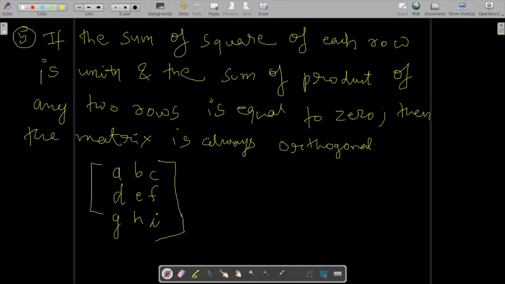This matrix will be orthogonal if and only if the sum of square of the elements of each row is equal to unity. So these conditions must be satisfied.